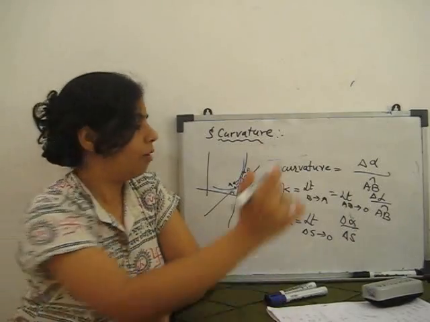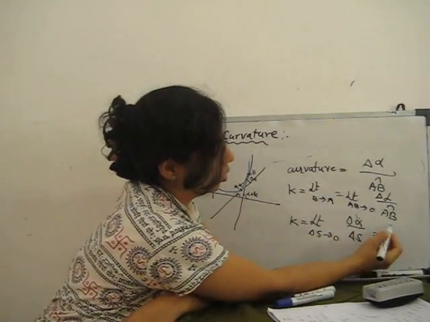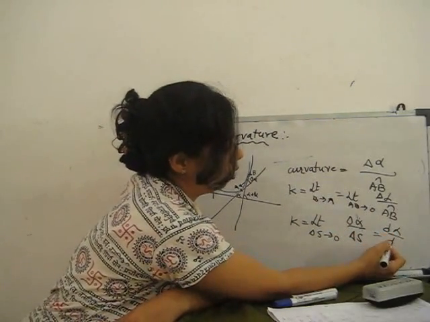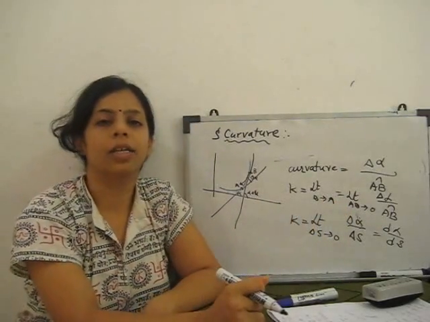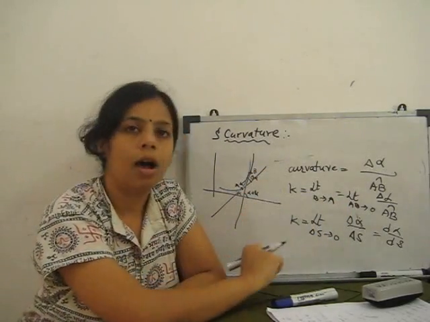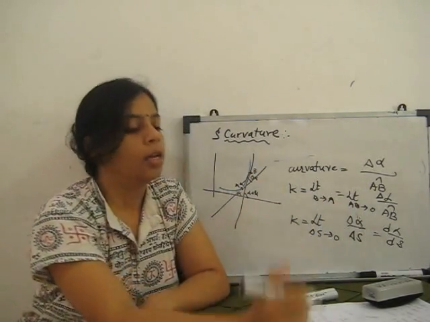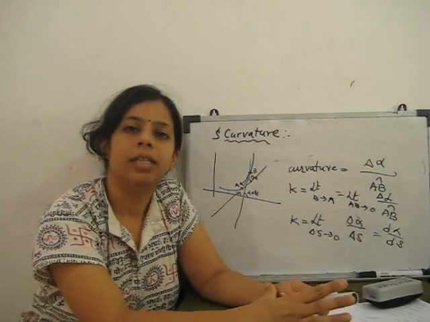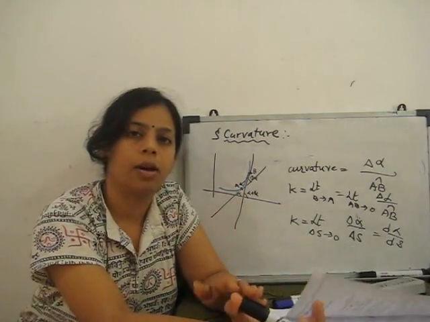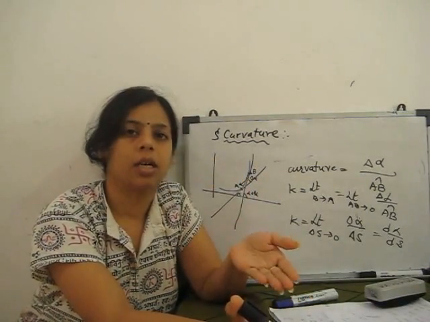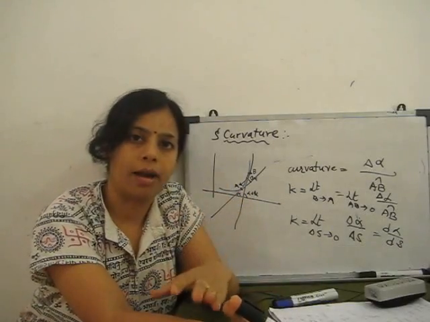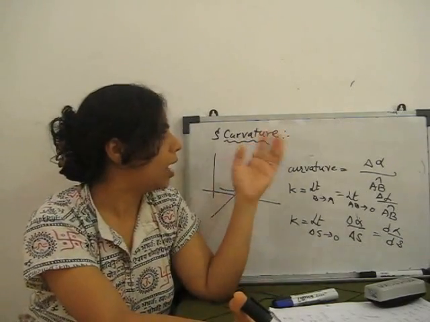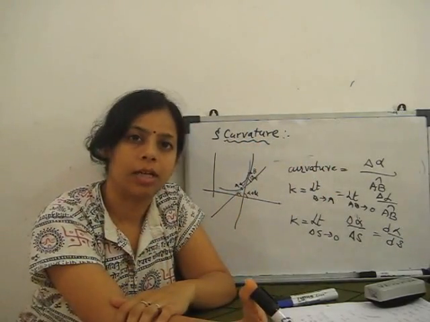In standard form, this is d alpha upon ds. So our curvature is d alpha upon ds. Now we can find this curvature for all types of curve: Cartesian curve, polar curve, Pedal equation. I will give you the formulas for that curvature.